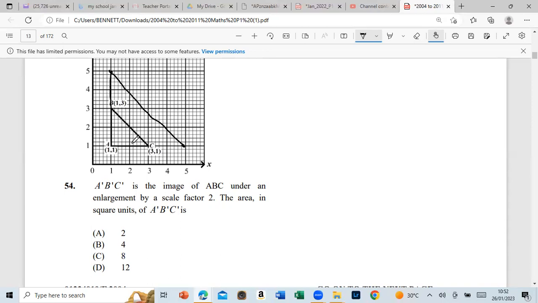So now I made the small one. Alright, so you say the area. We have 1, 2, 3, 4 units for the base, and 1, 2, 3, 4 for the height. So 4 times 4 divided by 2. For a triangle, it's half the base times the height, so that's 8.